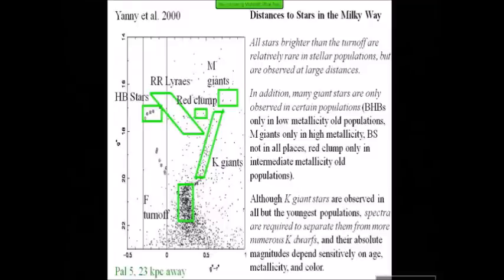So you can use something called statistical photometric parallax. One of the things that I did not know when I started using these, and it turns out to be a great boon for these turnoff stars, is that if you look at the age-metallicity relationship for the Milky Way, there's a conspiracy in it that all of the old metal-poor populations of stars have the same mean absolute magnitude of turnoff.